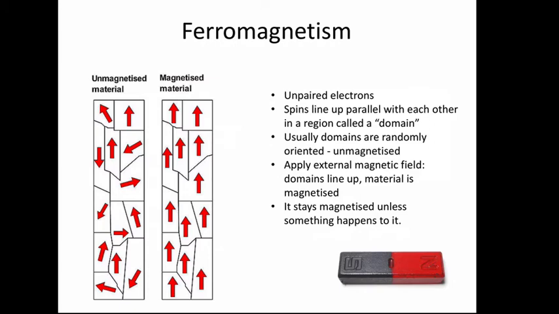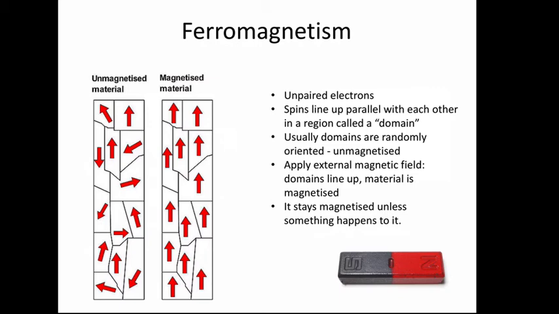Some igneous ferromagnetic rocks are permanently magnetic because they formed in Earth's magnetic field, and just as the crystals formed, magnetic domains formed, where the magnetic moments of the individual atoms lined up with each other in a small region called a domain. Normally, the different domains are randomly oriented, but if you apply an external magnetic field, all the domains line up and the material becomes magnetized.